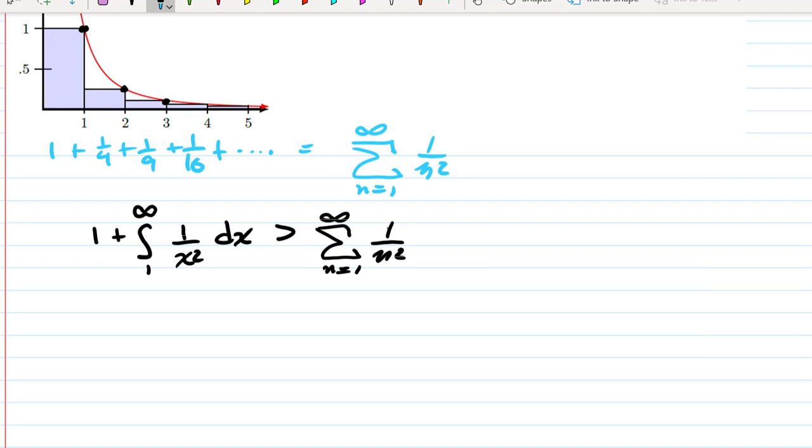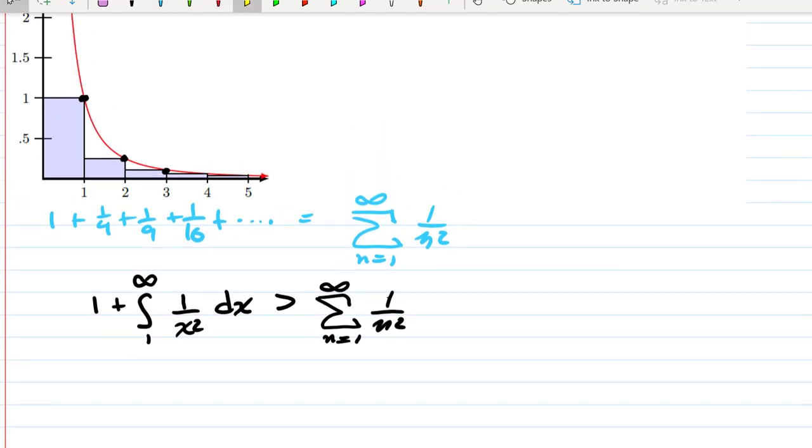The reason for that is this one right here is this, and then the integral from 1 to infinity of 1 over x squared dx would be all the area underneath this curve. So we're not counting this, we're not counting this. So the integral is an overestimate of that sum.